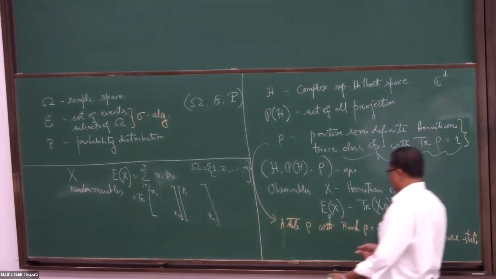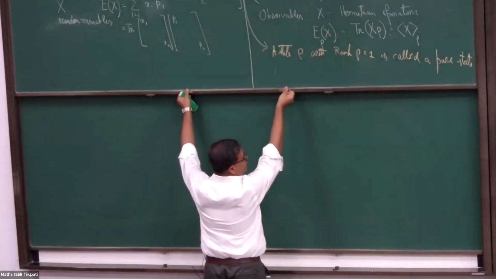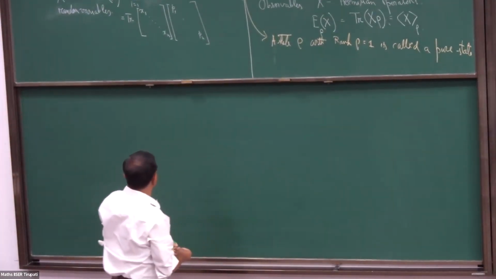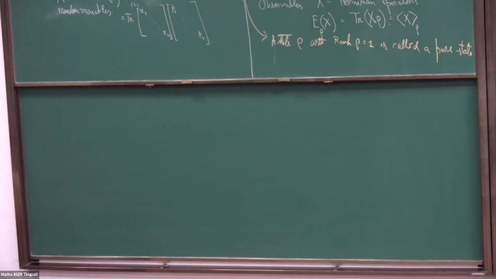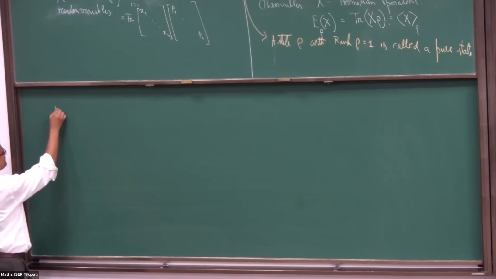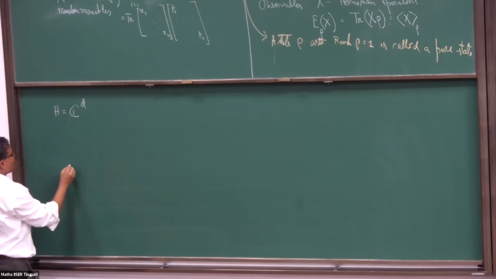Maybe I put it this side. For some reasons, we physicists like to use this notation called bracket notation, which is the following. So, again consider the same situation, H is equal to C power d.